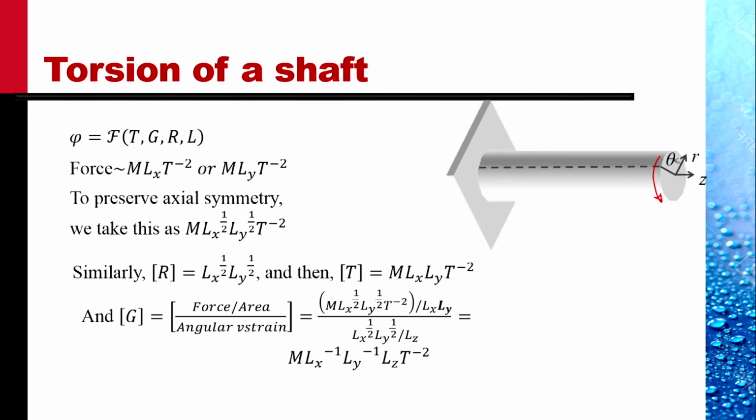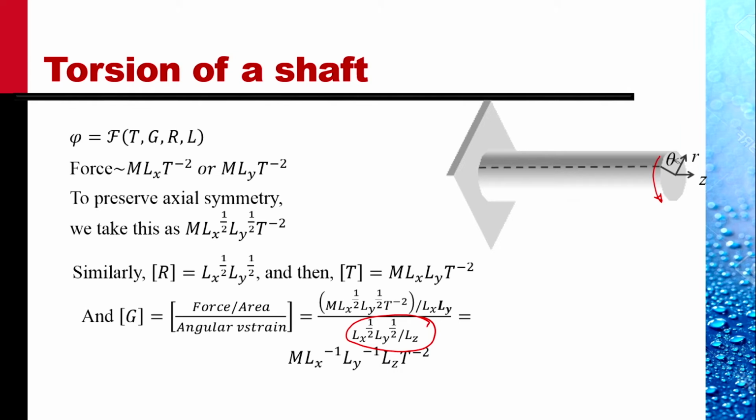And the angular strain we write as R divided by length in the z direction. If we were not using direction, this would simply be dimensionless. But it's actually in the R direction divided by in the z direction.